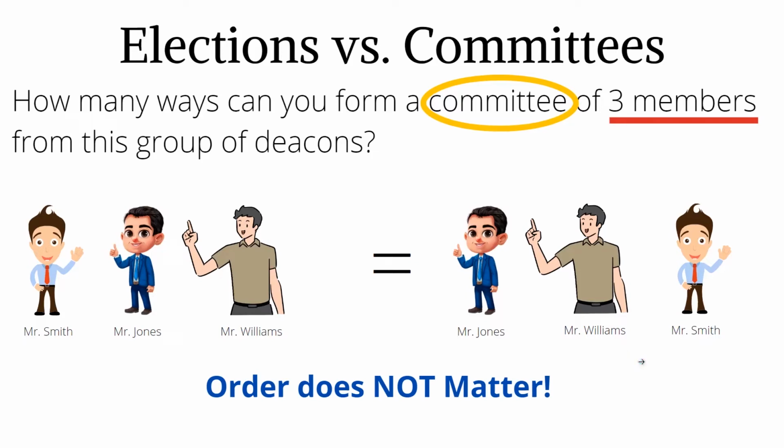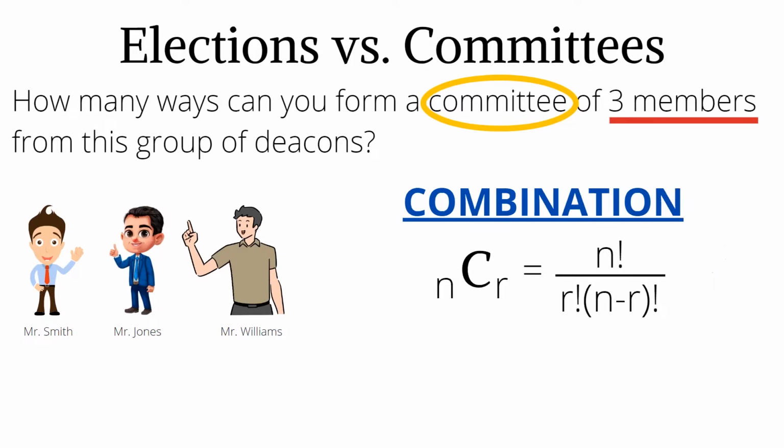Okay, now when the order does not matter, and you're talking about something like committees, then this is called a combination. Now, a combination is notated in a couple of different ways. This one is nCr.